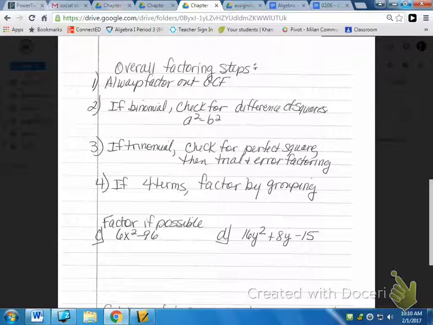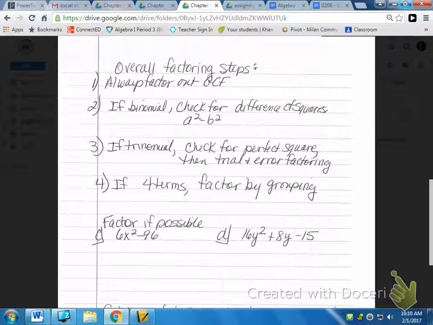Okay? If it is the difference of squares, well, then you factor like we did yesterday. Next, if it would be a trinomial, I would check for perfect squares first because it is a shortcut. But if it is not a perfect square, then you have to do the trial and error factoring that we've done over the last few days.